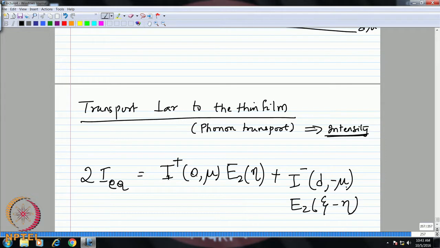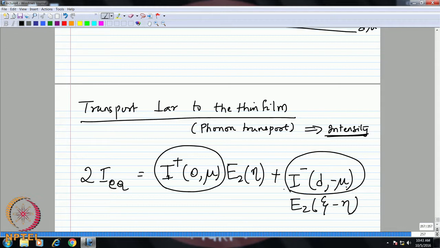So, this is I plus at y equal to 0. Basically, the boundary condition you apply at y equal to 0 is this particular intensity, and at y equal to d, the boundary condition is I minus, the intensity of the phonon which is coming out at y equal to d in the downward direction.